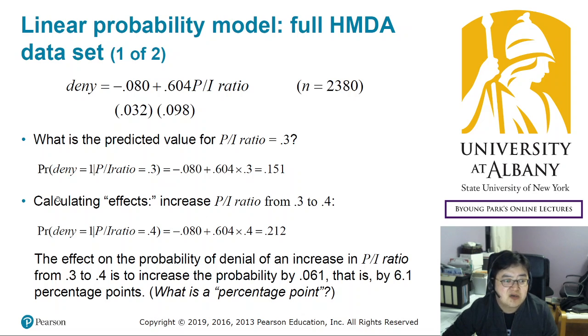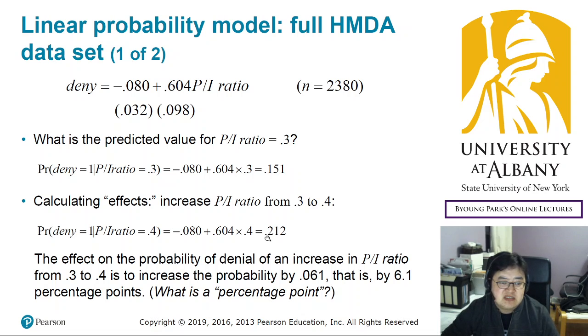Similarly, we are going to calculate the same thing at a payment income ratio of 0.4, and then you obtain 21.2%. So when the PI ratio is 0.4, that means you have to pay more out of your income for the mortgage loan.